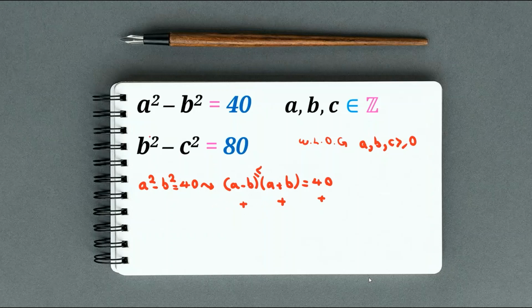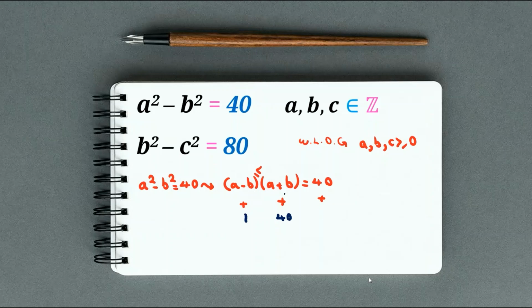And another important thing, a minus b and a plus b should both be even or both be odd, because minus and plus have no effect on parity, on evenness. For example, if you consider a minus b equal to 1, an odd number, and a plus b equal to 40, an even number, it is impossible.